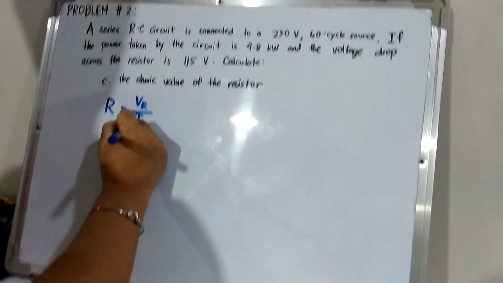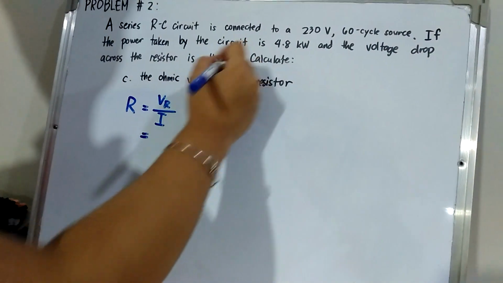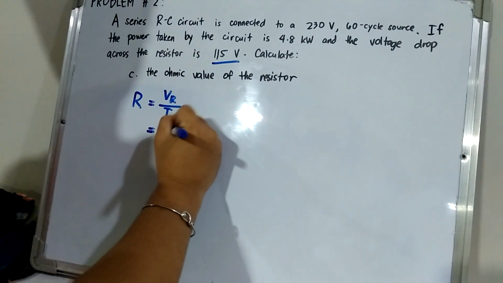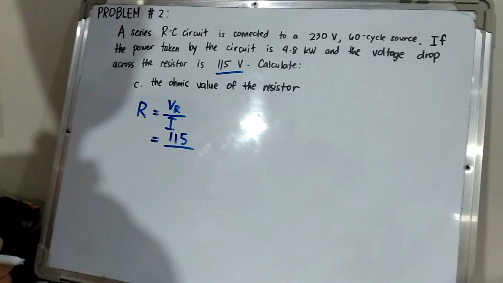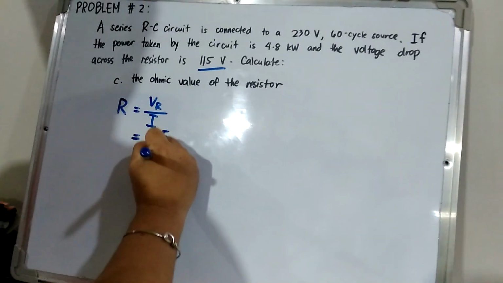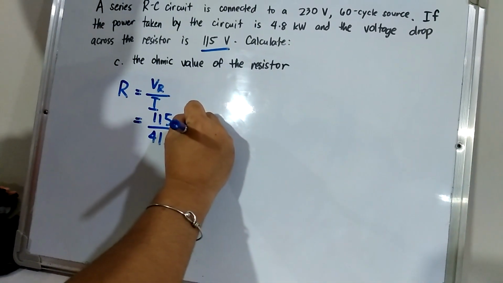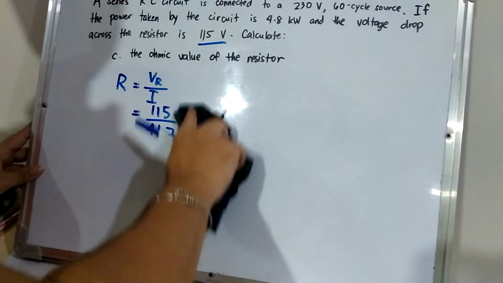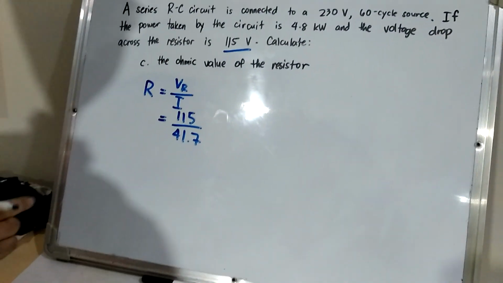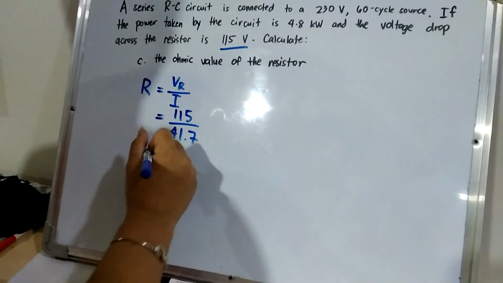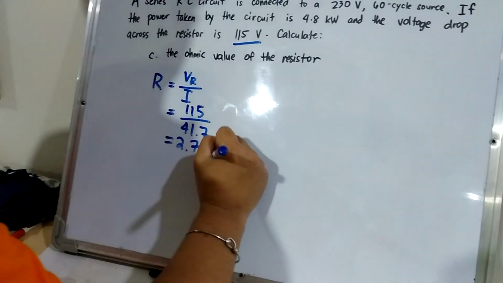V sub R is equal to 115 volts, 115 over the current 41.7 is equal to 2.75 ohms.